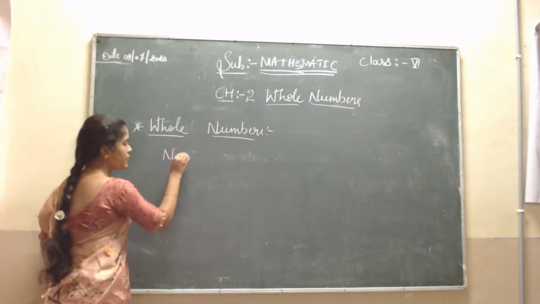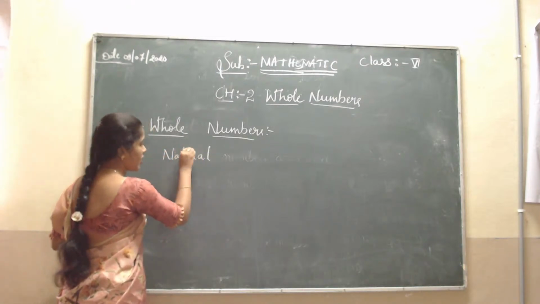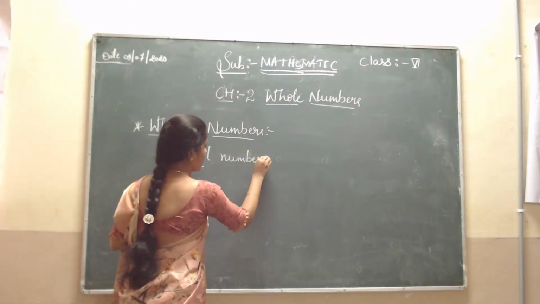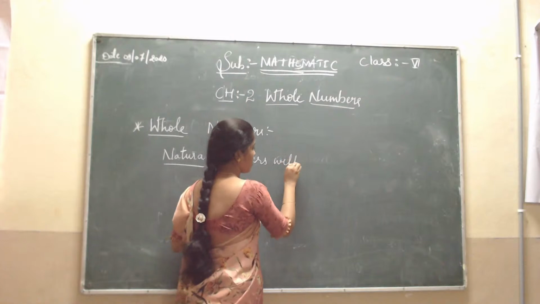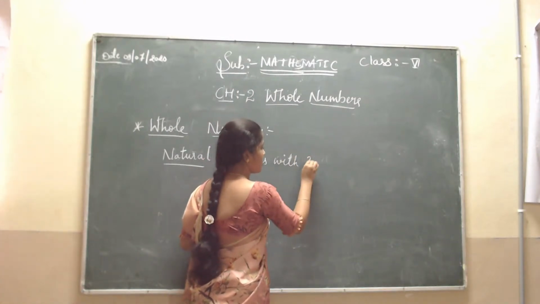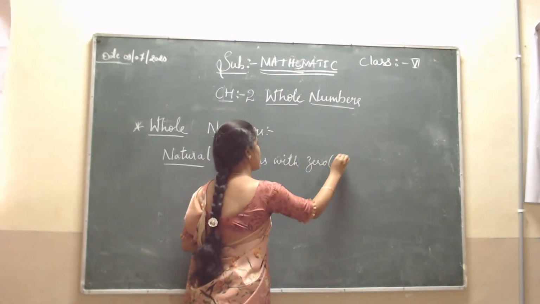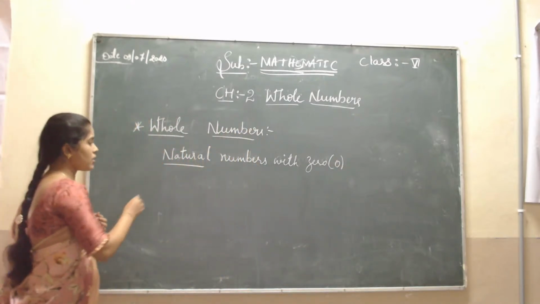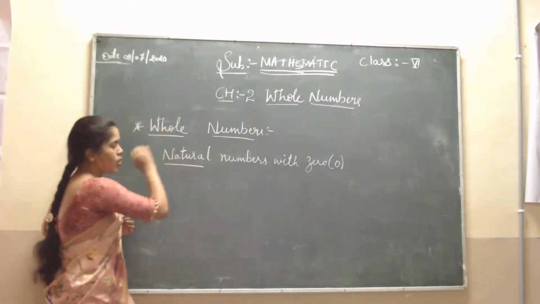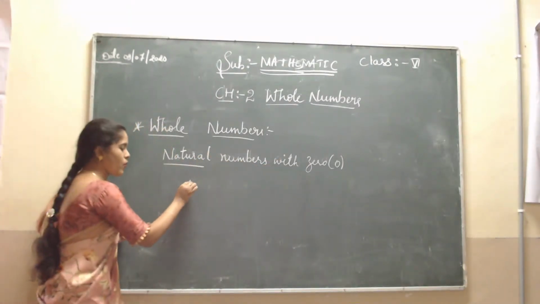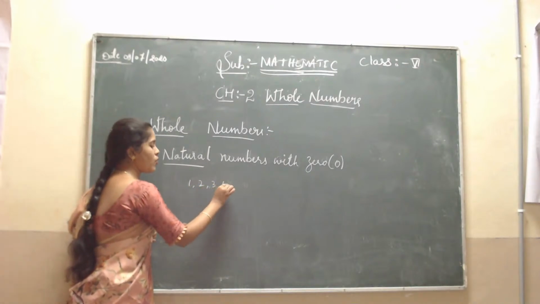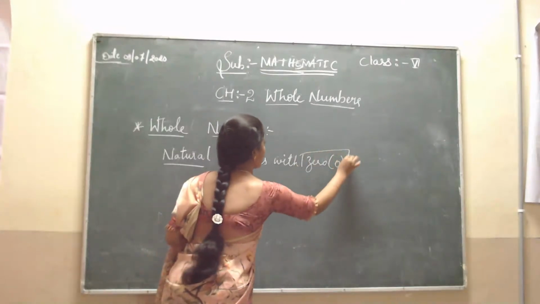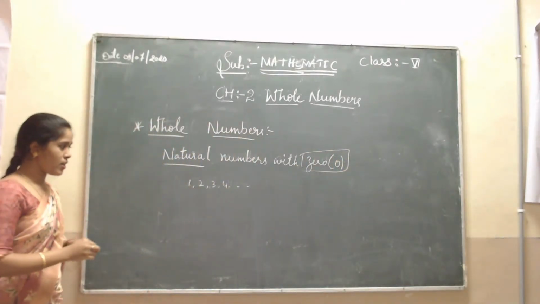Natural numbers with 0 are whole numbers. Natural numbers are 1, 2, 3, 4. These are natural numbers. Here, with 0. See here, natural numbers with 0 are whole numbers.